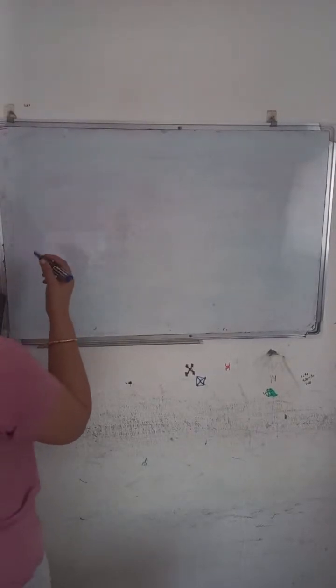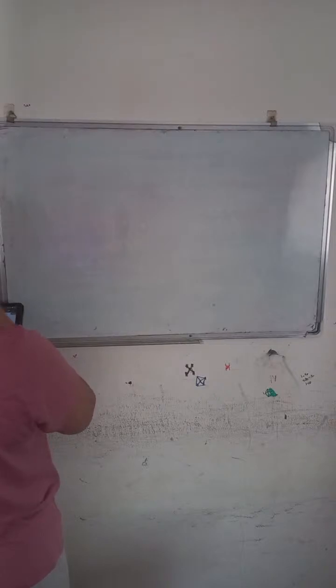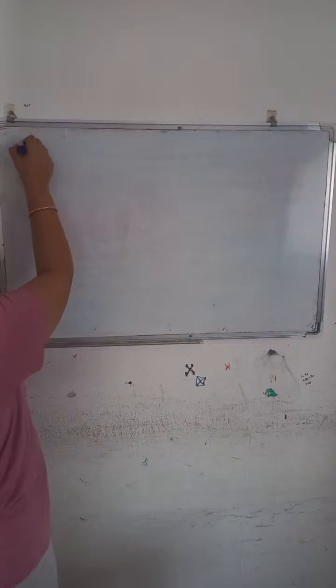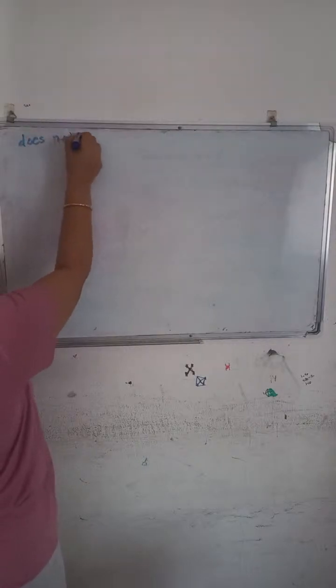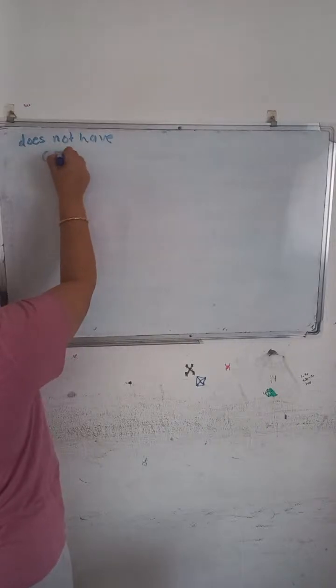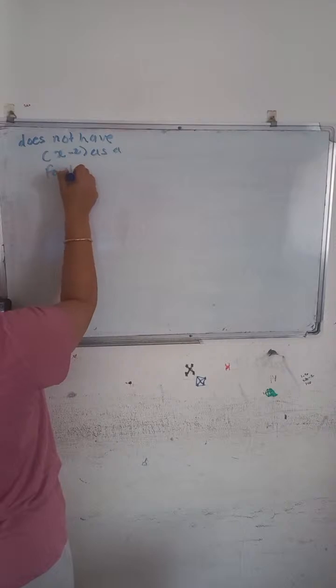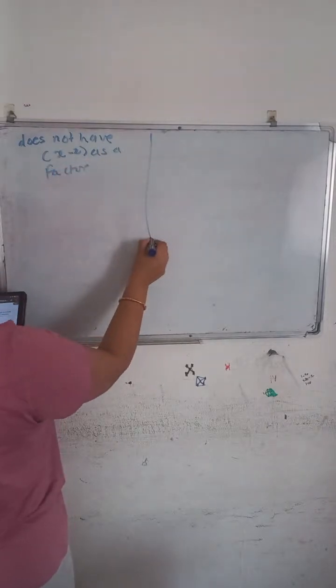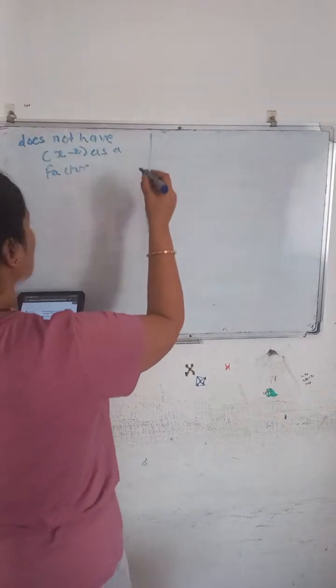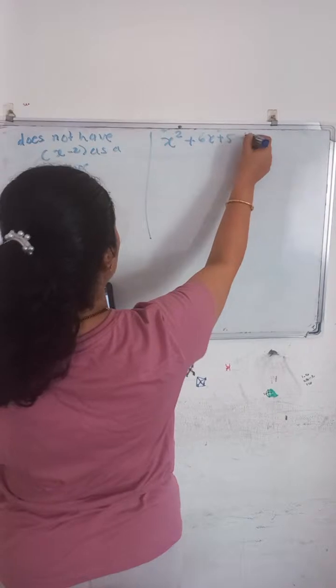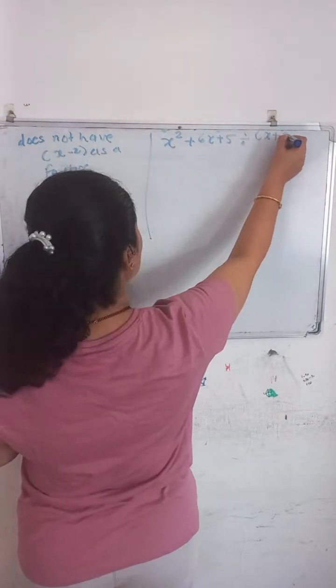I'll write a few more questions. So they are asking which does not have x minus 2 as a factor. This is the question. Then after that they are asking us to do x square plus 6x plus 5 divided by x plus 5.